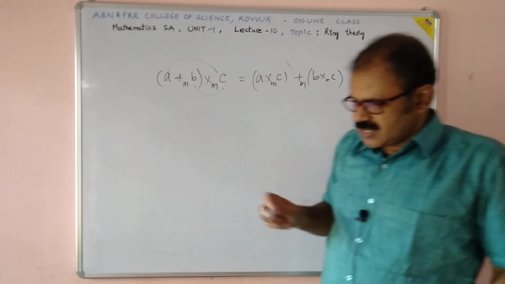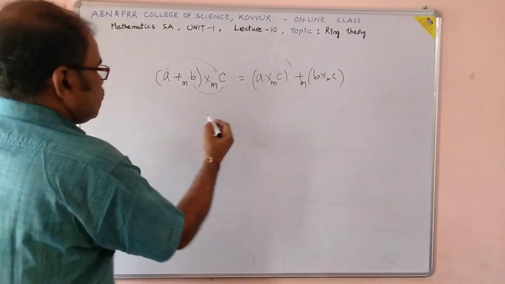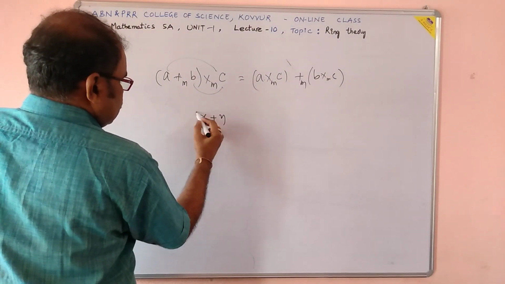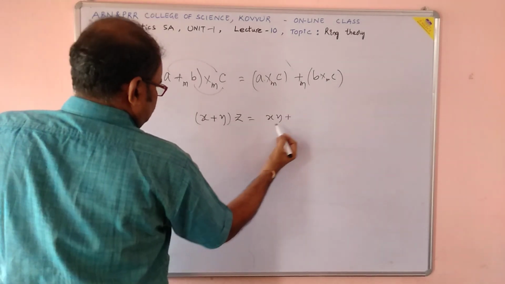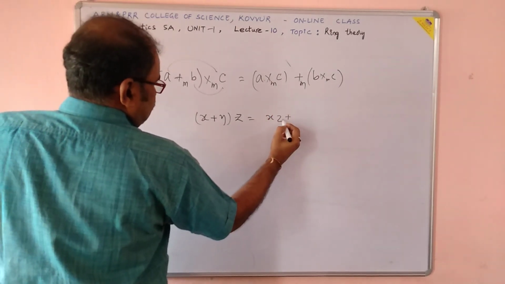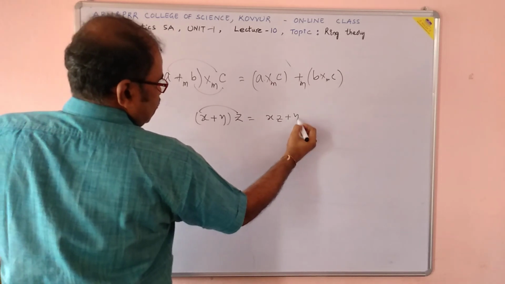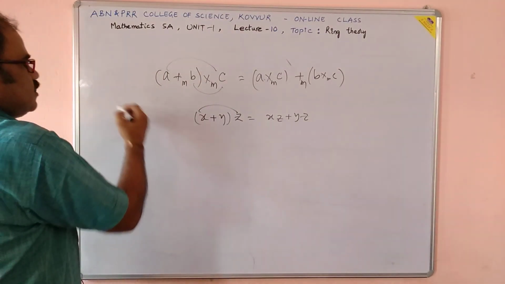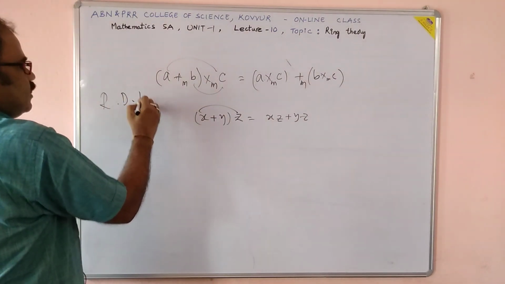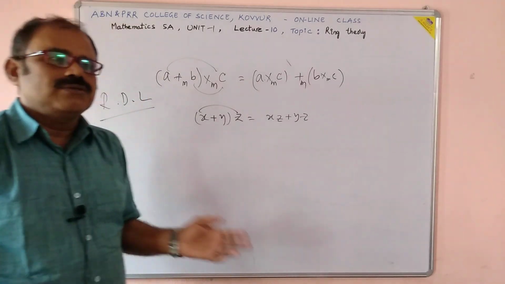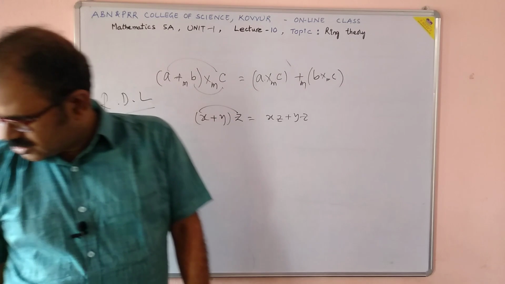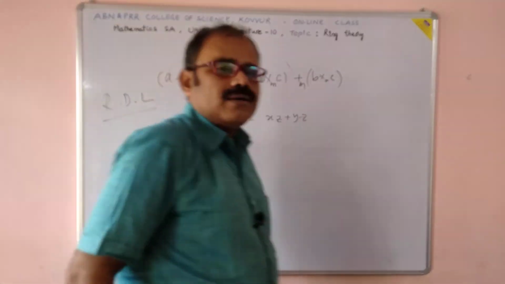Simply this is x plus y into z is equal to xz plus yz. What is this? Right distributive law, RDL. Similarly, we can have left distributive law.